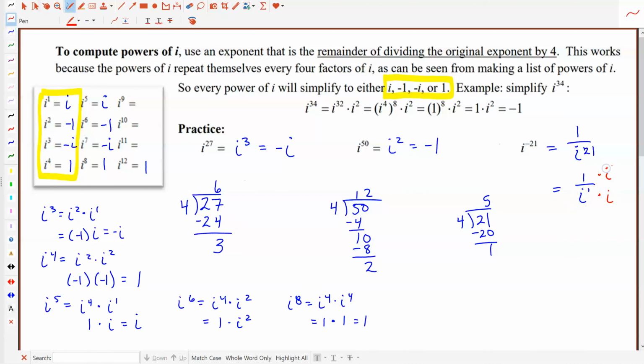To get the i out of the denominator, we can just multiply both the top and the bottom by another i. Let's clean up the upstairs for a moment. 1 times i is just i. But downstairs we are going to get i times i, which is i squared. But i squared simplifies to -1. So to clean this up, you have a positive divided by a negative, which is negative, and then i divided by 1 is i. So i to the negative 21st power simplifies to -i.